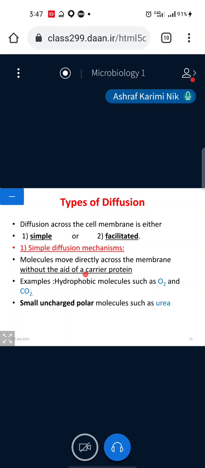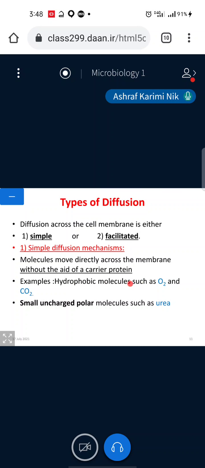There is no carrier protein. No need for carrier protein. It's easy transportation. Simple diffusion is without the involvement of carrier protein. For example, for oxygen and for carbon dioxide.